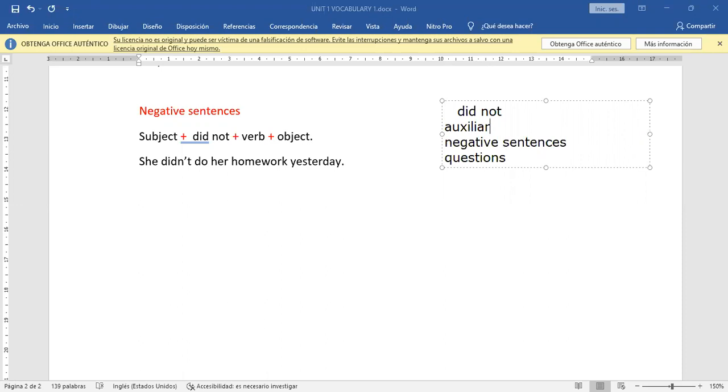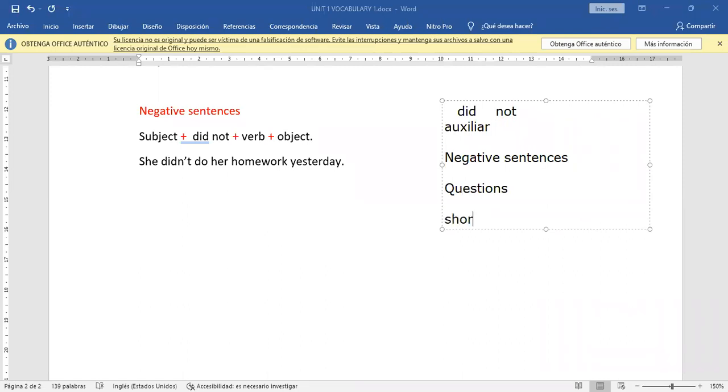Did is going to help us organize negative sentences or questions. Also, did is used for short answers.